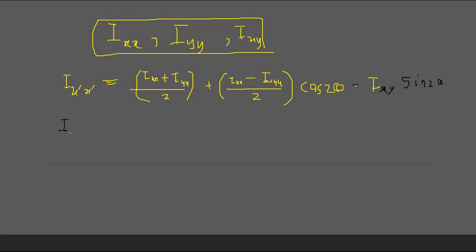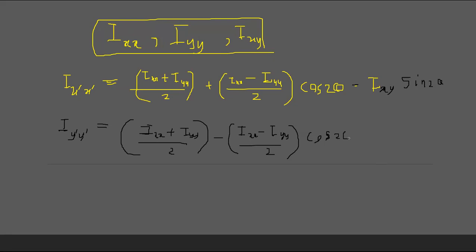And Iyy dash is Ixx minus Iyy divided by 2 into cos 2 theta, plus Ixy sine 2 theta.